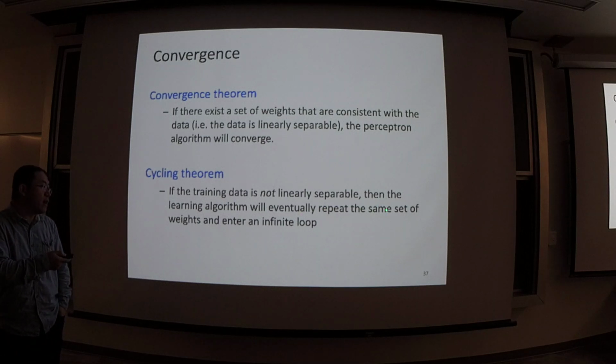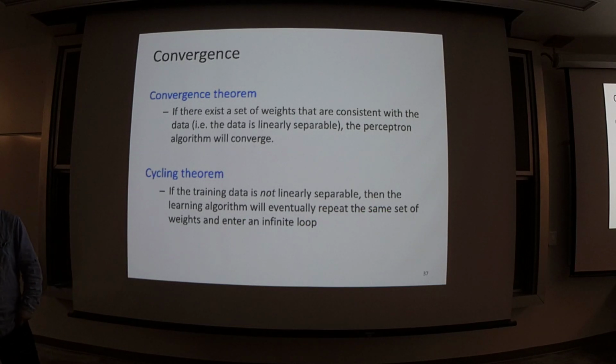It will repeat the same set of weights again and again. You switch from weight vector 1 to weight vector 2, weight vector 2 to weight vector 3, and after a few iterations, you go back to weight vector 1. So you'll do it again and again, unless you stop it.